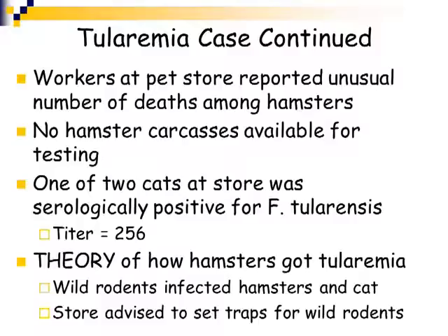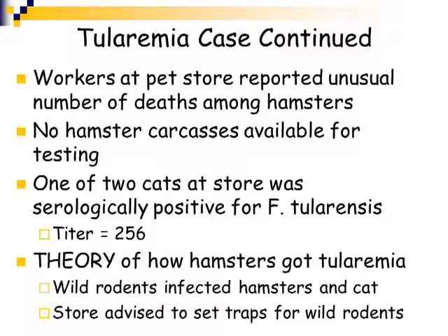Now, workers at that pet store reported an unusual number of deaths among hamsters. However, no hamster carcasses were available for testing. But one of 2 cats in the store tested positive serologically for Francisella tularensis.